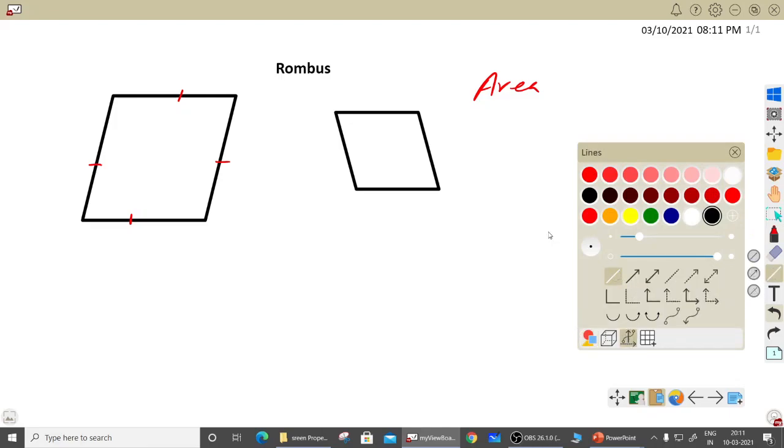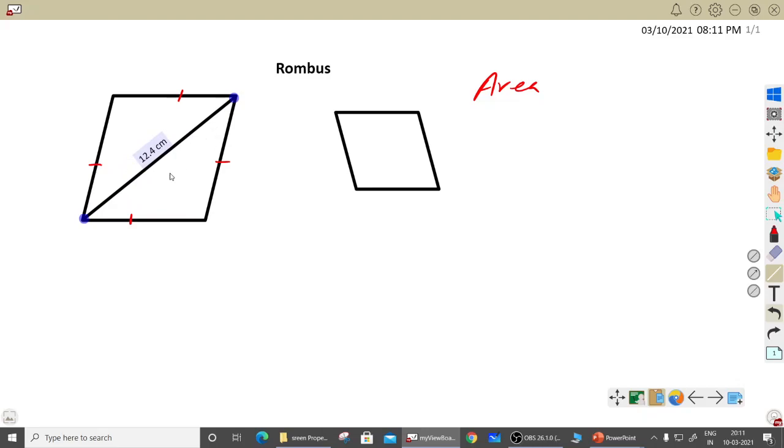If you draw the diagonals of a rhombus, one diagonal, the other diagonal, these two diagonals make right angles here. That means we made 1, 2, 3, 4 right angles. Another peculiarity: the diagonals are not equal. Let us name this D1 and this D2, two different diagonals.